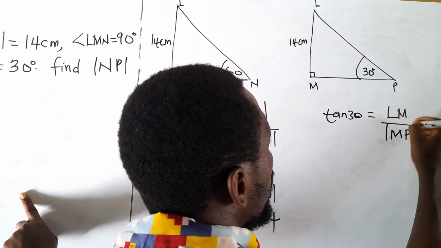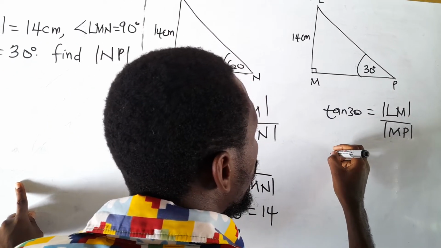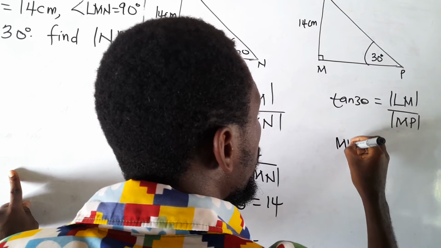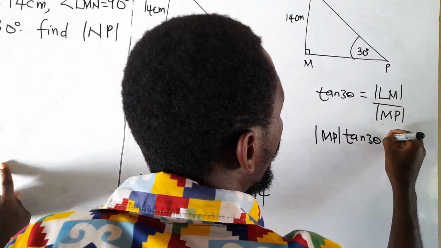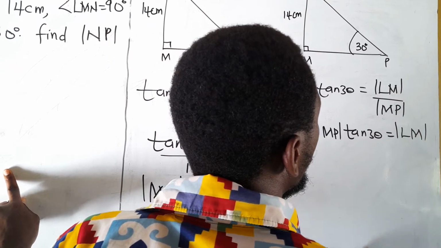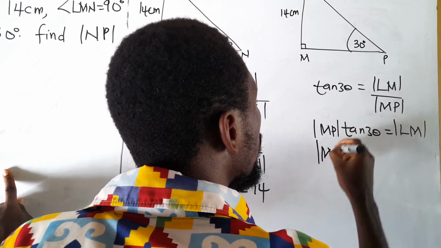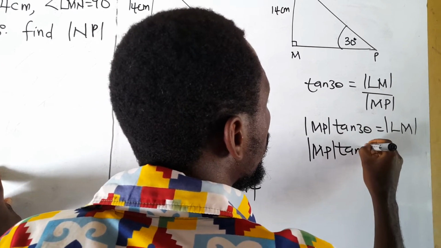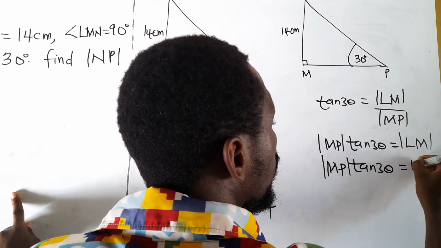The same thing, you can say that tan 30 will be equal to the opposite, which is LM, over the adjacent, NP. So on cross multiply, you can say our NP tan 30 will be equal to LM. So NP tan 30 will be equal to our LM, which is 14.